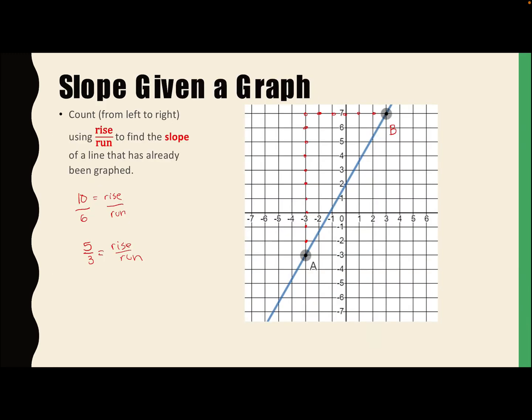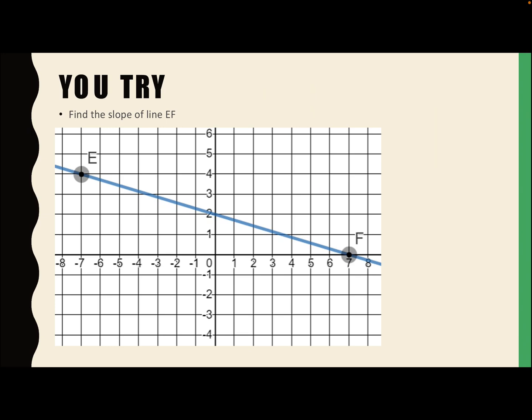All right, so you should have gotten, we go down 1, 2, 3, 4. If we go down, that's going to be a -4. And then we go over 1, 2, 3, 4, 5, 6, 7, 8, 9, 10, 11, 12, 13, 14.